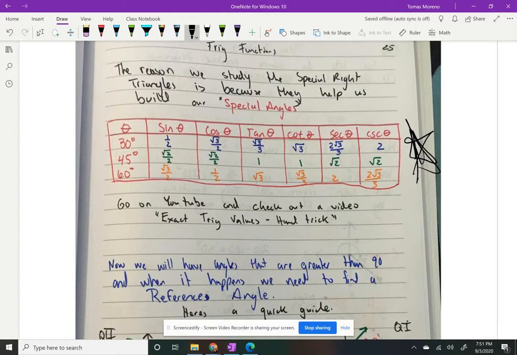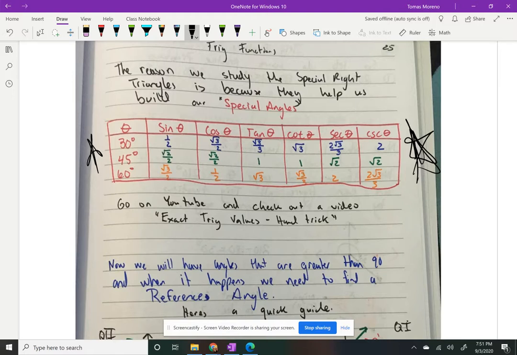And sometimes you'll deal with it so much that you'll just remember it off the top of your head. Like, oh yeah, it's just one. If these don't come to you easily, go ahead and copy this down. Make sure you have this out when you're doing your homework because it's going to help you drastically.